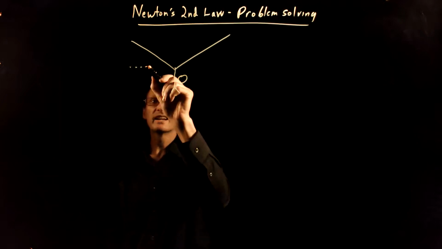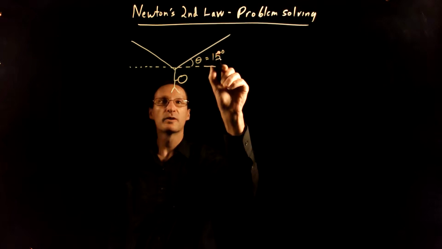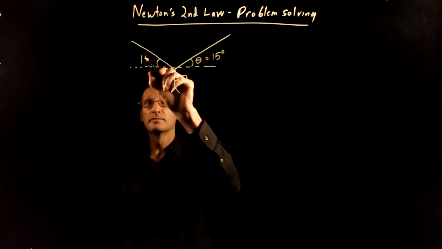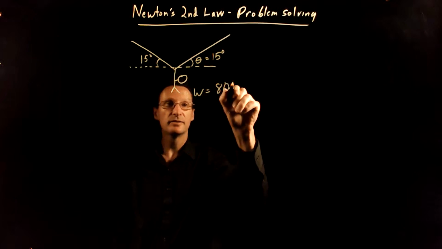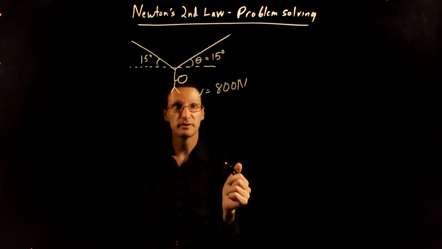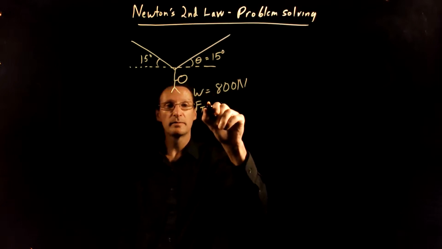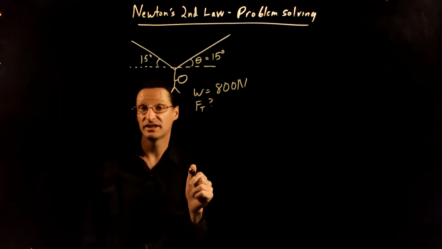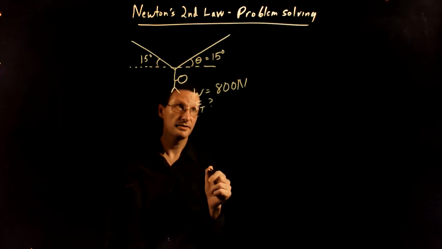The rope is at an angle of 15 degrees from the horizontal on both sides, and the weight of the person is 800 newtons. So that's the force of gravity on the person. And our goal here with this problem is to find the tension in the rope. Okay? So let's talk about how to do this.